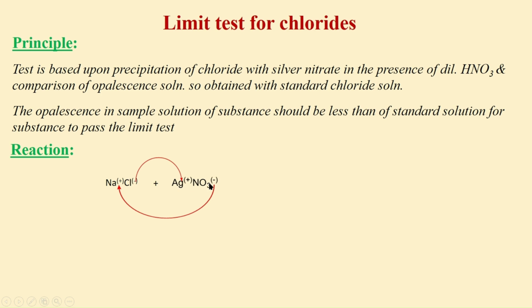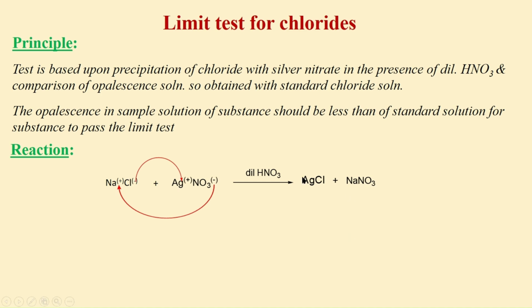Nitrate ions NO3-, which are electron rich, combine with Na+, which are cations, and form sodium nitrate as the byproduct. This occurs in the presence of dilute nitric acid. Silver chloride is in the form of a white precipitate. As it is in less amount, it forms a white opalescence. And sodium nitrate is the byproduct formed.